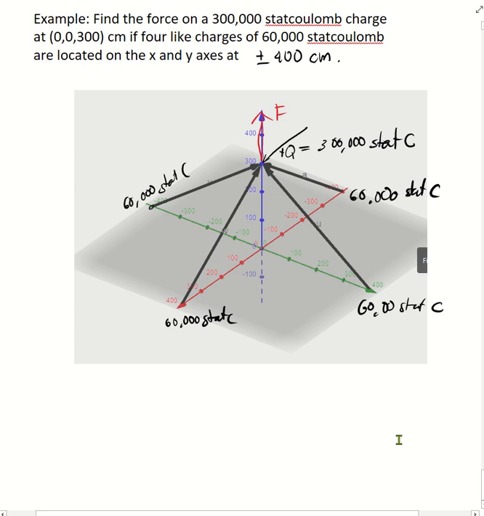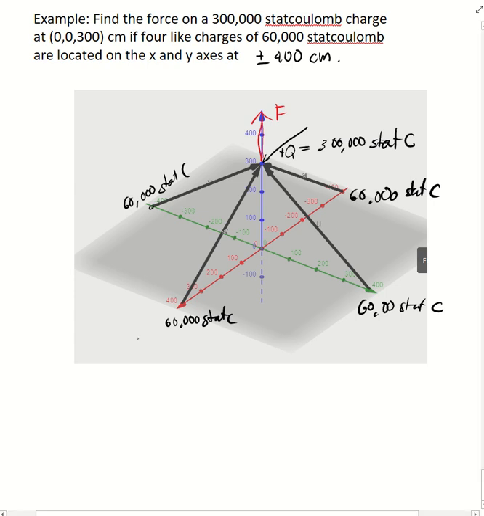So how do we do that? Superposition. We use again superposition, and we consider each of them, and we add them. So what's the effect from the different charges around that 300,000 stat coulomb? Then to do that, let's just call the charges around this one.